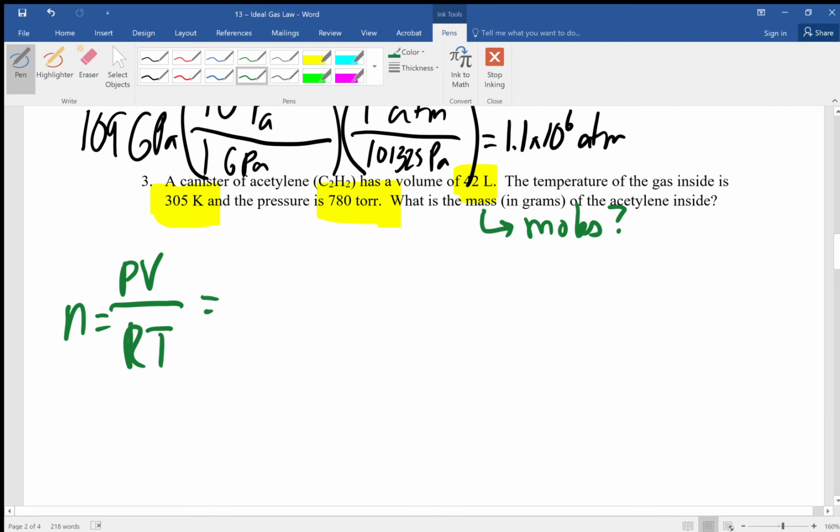Our pressure of 780 torr has to be first converted into atmospheres. Our volume is already in the correct units of liters.